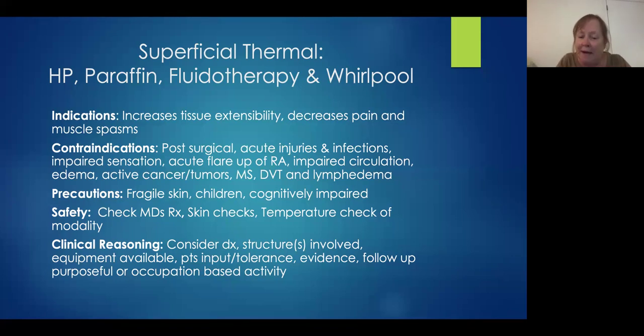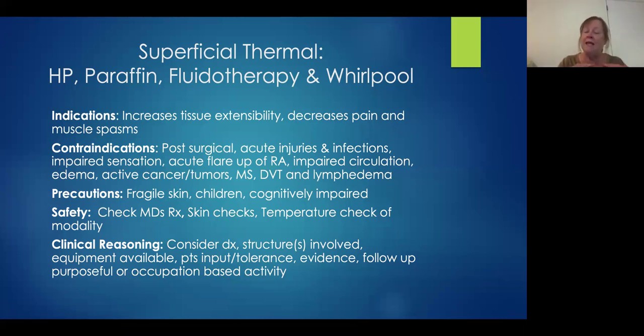Somebody who has impaired circulation or edema, we're not going to use any kind of heat modalities. Active cancer and tumors. MS, you must know that for the exam: if you get a scenario with somebody who has MS, using extreme heat, like a hot pack, is considered a contraindication.